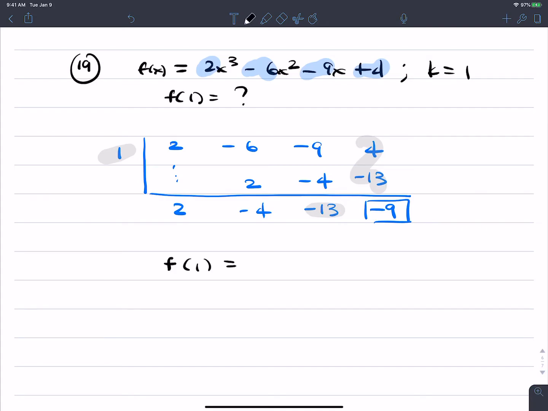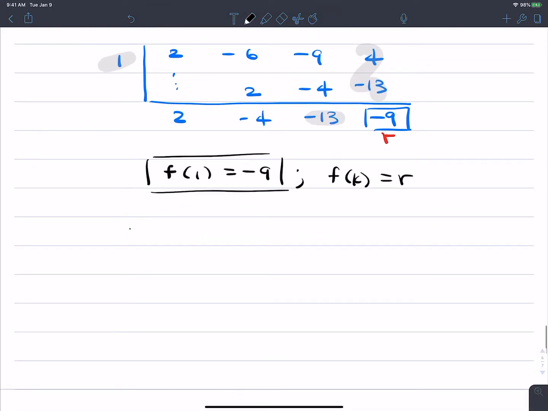f of 1 is negative 9 because, again, f of k equals the remainder. So here's our answer. I also want to point out here, for this particular remainder, negative 9 is not 0. So we can answer further and say that 1 is not a 0 of my polynomial function.